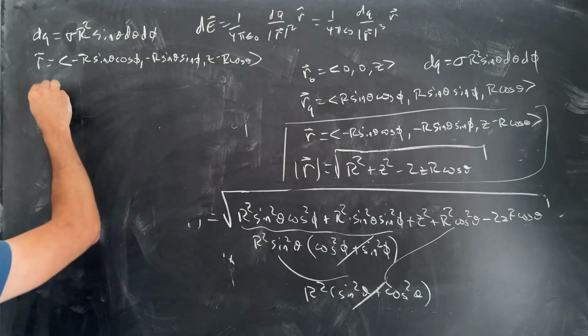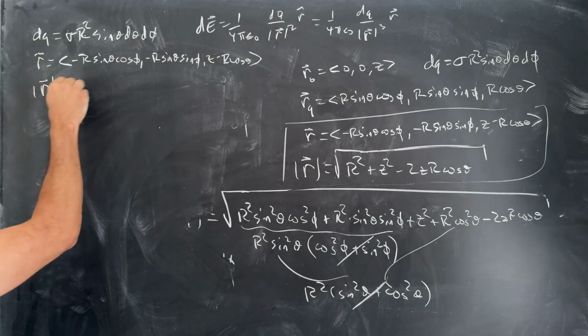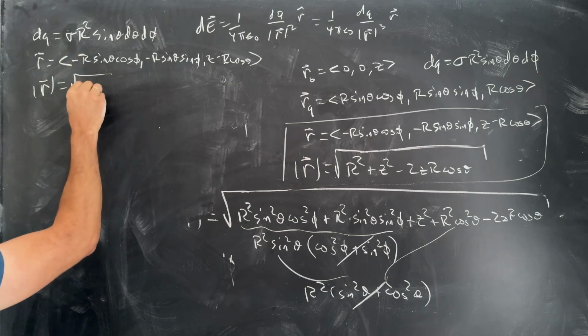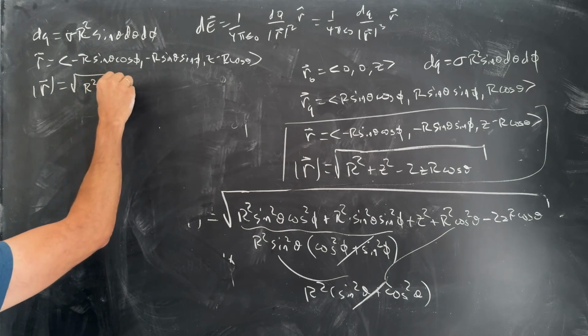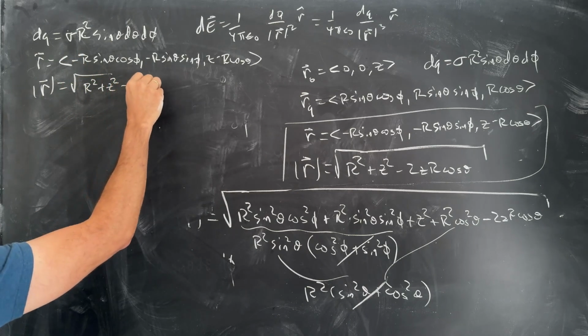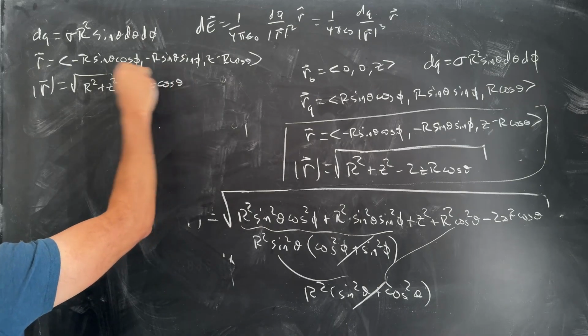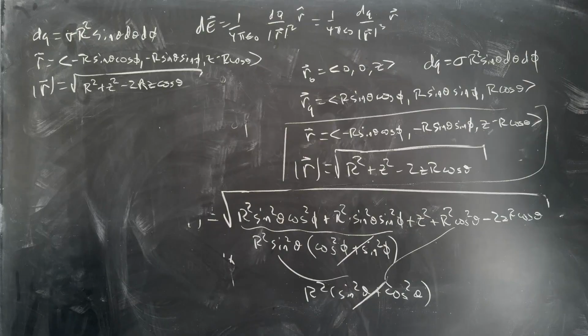And then we have the magnitude of r is the square root of r squared plus z squared minus 2rz cosine theta. Okay. So those are all the things I need.